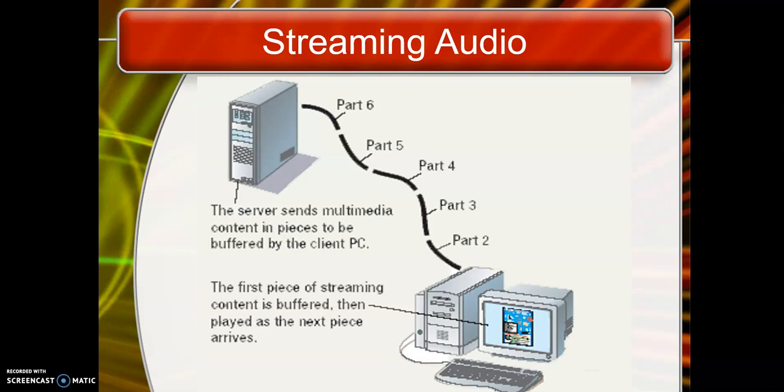In this wire, you can see there are several parts or portions, part 2, part 3, etc. In this physical wire, the purpose of showing this slide is to describe that streaming means a collection of data sent in parts. They are buffered, and those buffers are sent at a particular time.